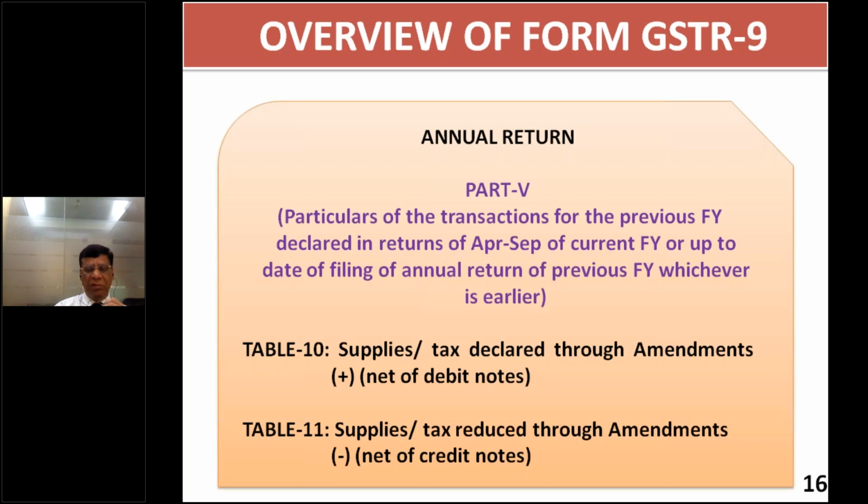Now, there may be two kinds of amendments a taxpayer might have gone through. There may be unilateral types of amendments. Suppose I punched a particular invoice which was of rupees 10,000 as a different amount in my GSTR 1. So this is a unilateral kind of mistake. The buyer might have entered 10,000 only.